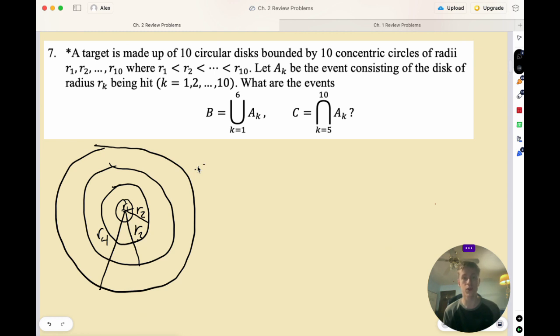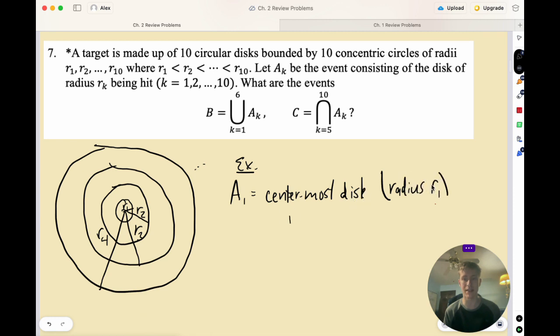Okay, so A sub k is the event consisting that the disk of radius R sub k is hit. So A sub 1, for instance, this is just an example, means the centermost disk, the one of radius r1, is hit.